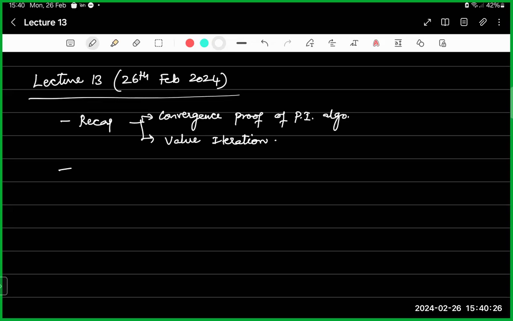So we'll try to understand how many iterations will be required. That is one topic which we'll cover, and then we'll cover a few variants of these two algorithms. Policy iteration and value iteration are two algorithms. We'll discuss a few variants of them. Okay.